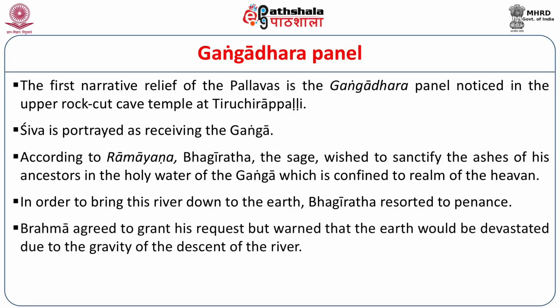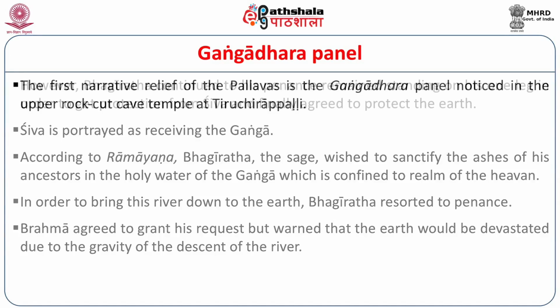Brahma, on seeing his penance, agreed to grant his request, but warned that the earth would be devastated or destroyed due to the force of the descent of the river Ganga.